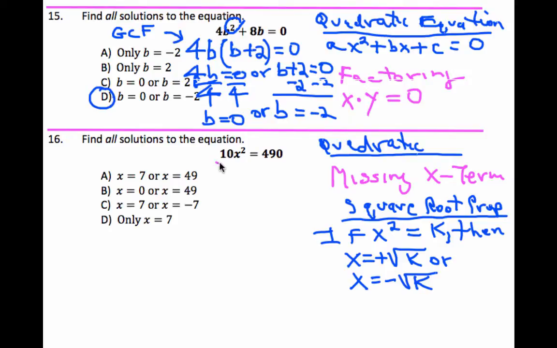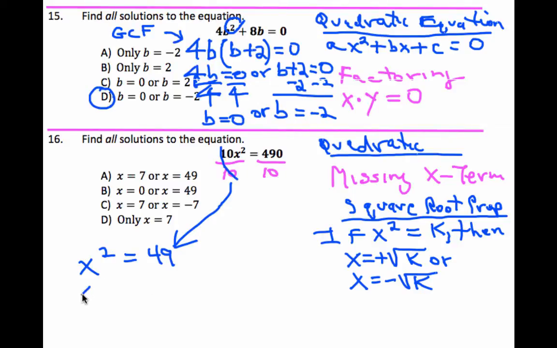But if we divide both sides by 10, then we get x squared equals 49 when we reduce. Now we can make use of the square root property.